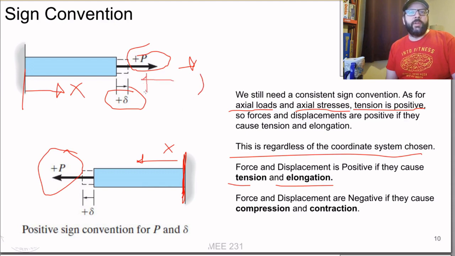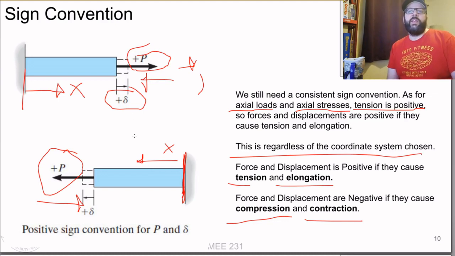Whereas pushing on the bar in this direction or pushing on this bar in this direction causes compression and contraction, so those are both negative internal axial loads, negative axial stresses, and negative displacement.